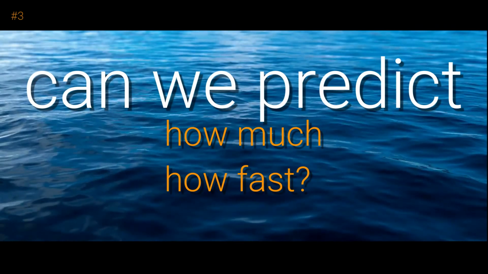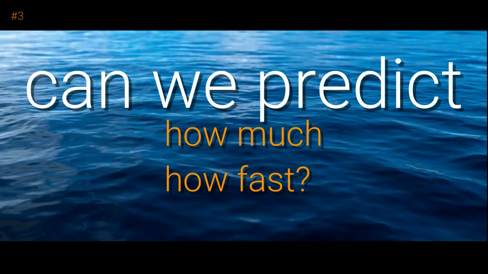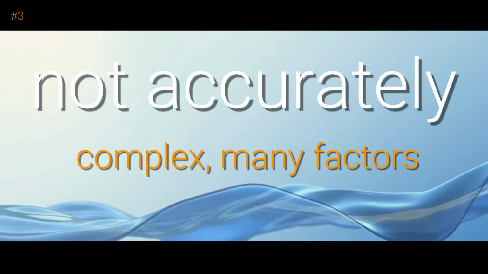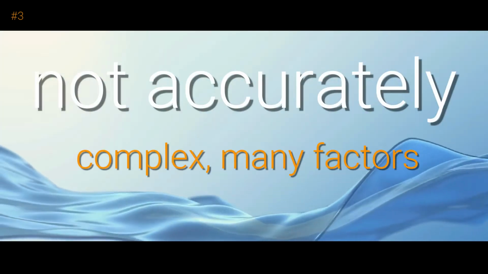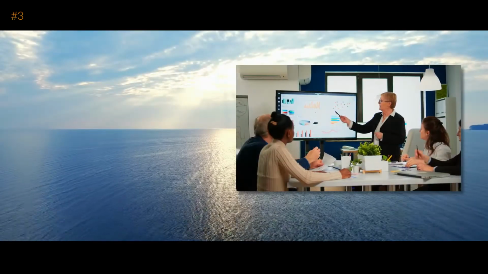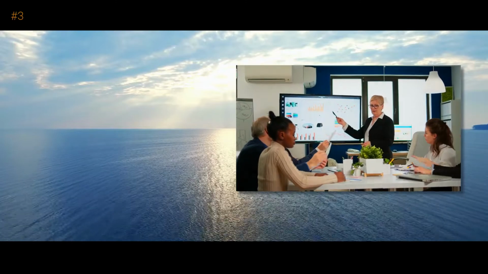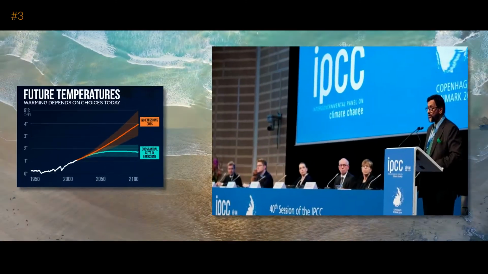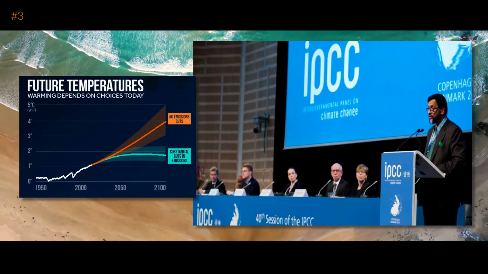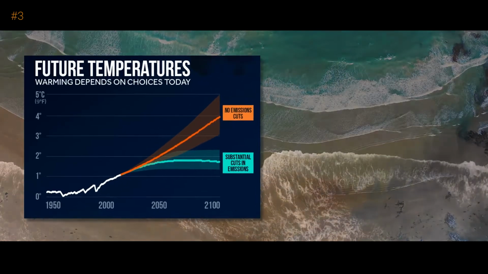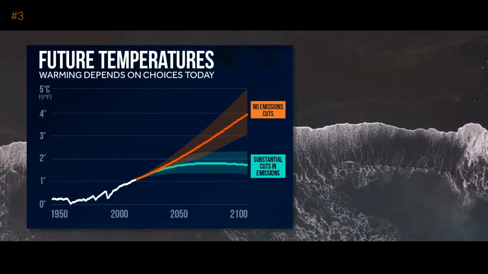Can we predict how much and how fast sea level will rise? Not accurately. Sea levels depend on a large number of combinations of many factors. What most countries do is work with a range of possible changes. These are largely based on reports issued every 6 years by the United Nations IPCC, a panel of scientists from around the world which reviews scientific work on climate change and human causes.